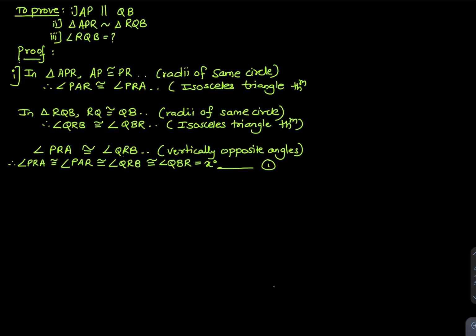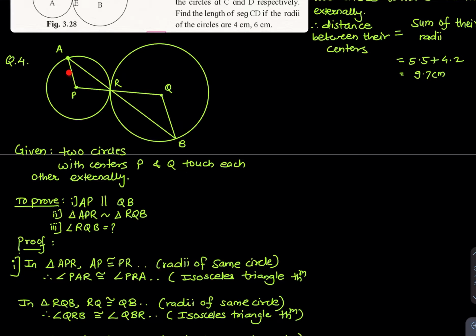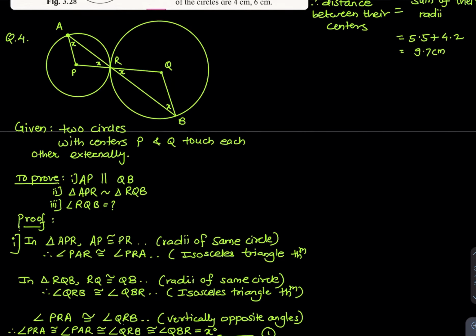Now angle PRA, see here, this angle is congruent to this angle, and this angle is congruent to this angle. So all of these angles are congruent, so I will write here X, X, X, X. So all these four angles are congruent.